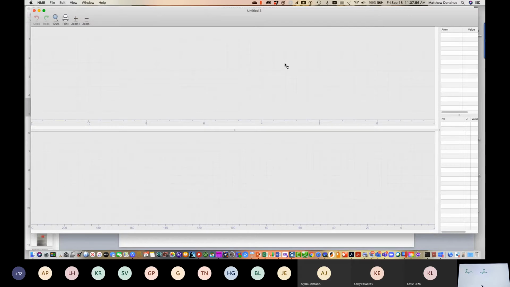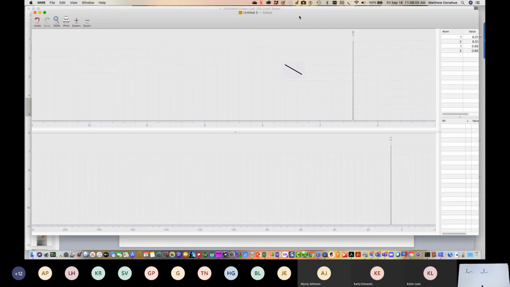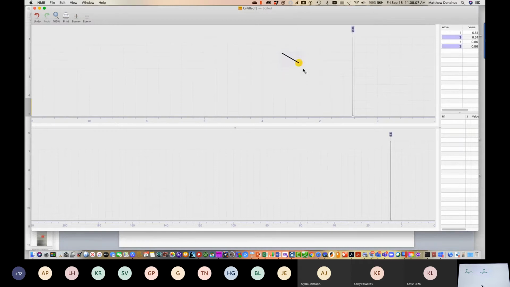If I click and draw, what I've shown here now is ethane, right? Let me delete that. What I wanted to start with was just methane.